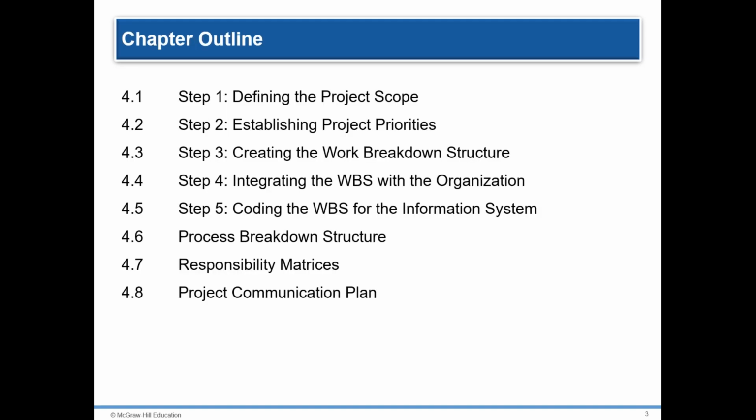Here is the chapter outline, including 8 topics, including defining the project scope, establishing project priorities, and creating the work breakdown structure, and so on.